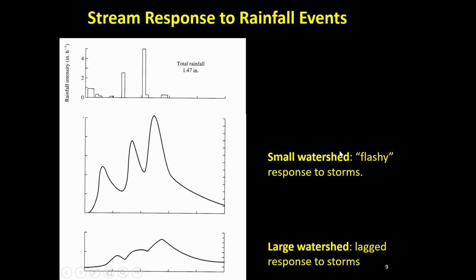And those are characteristic of small watersheds, and particularly small watersheds that are steep. But a large watershed is going to have a more muted response to where the runoff peaks kind of blend together. And you can't discern the individual effect of different segments of the rainfall hyetograph in a large watershed.